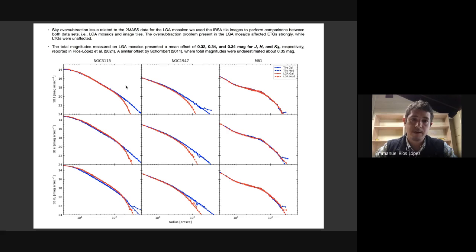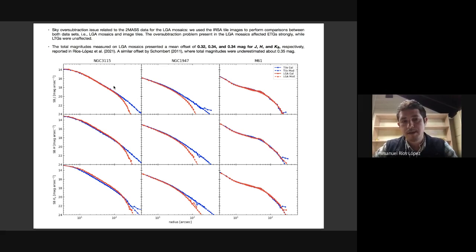In this image, we have three different galaxies per column. The first two columns are for early type galaxies, and here the red and blue lines indicate two different datasets from 2MASS. The red one is for the Large Galaxy Atlas, in which the sky was subtracted, while the blue line is for the archival data from 2MASS with the sky.